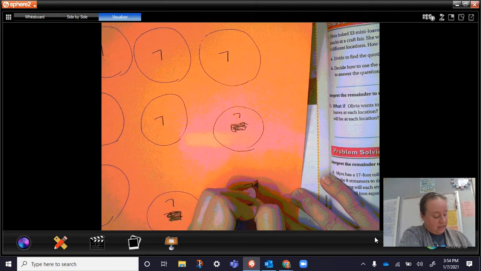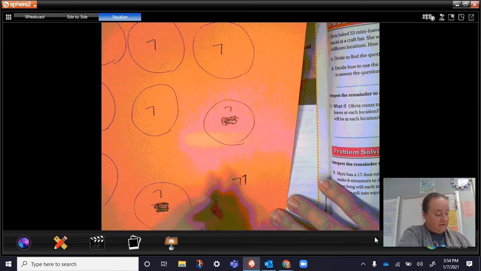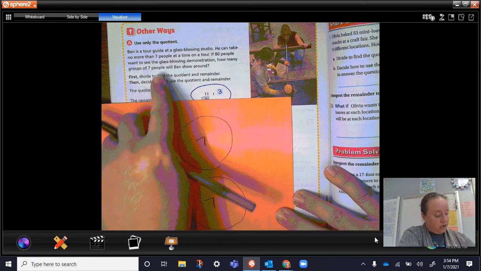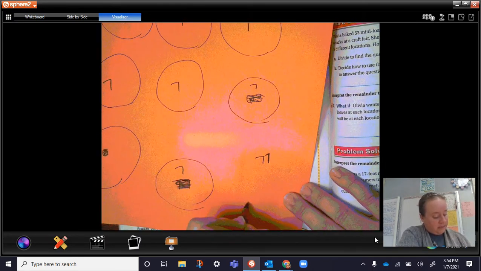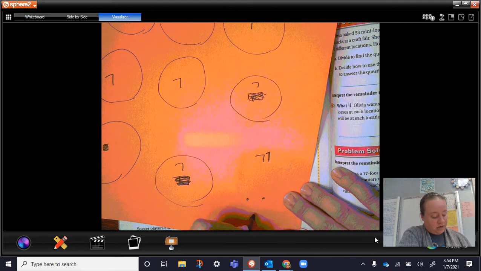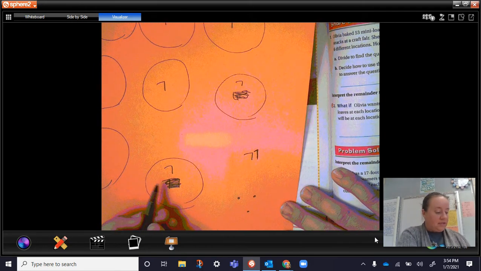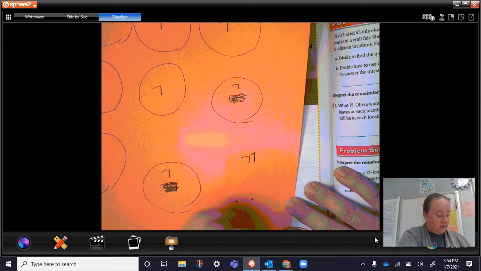Okay, so we can take 77 people and they fit into these equal groups. Well, from our story, we had 80 people. So there's 3 people over here that did not fit into a group of 7. And with those people, we're going to have to do some things with them.